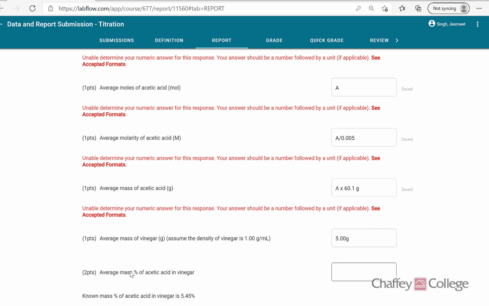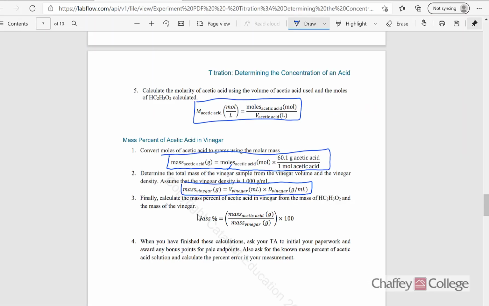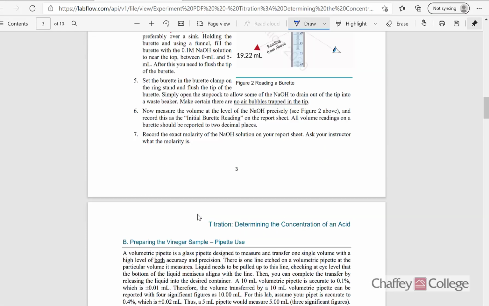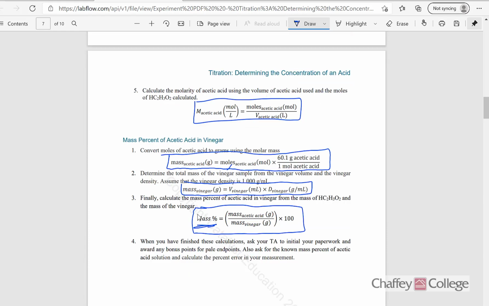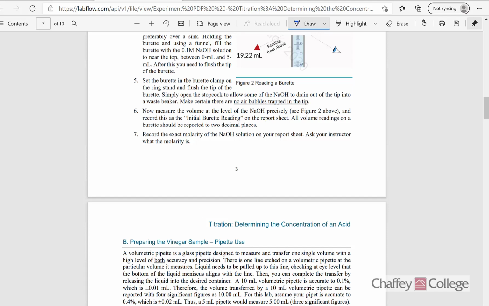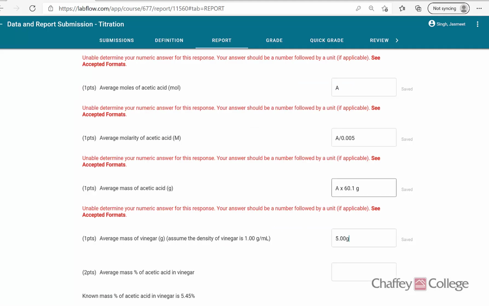And finally, average mass percent of acetic acid in vinegar. Mass percent of acetic acid in vinegar is given in this formula. Mass percent is equal to mass of acetic acid divided by mass of vinegar multiplied by 100. So mass of acetic acid is this number, and the mass of vinegar is this number, 5.00.